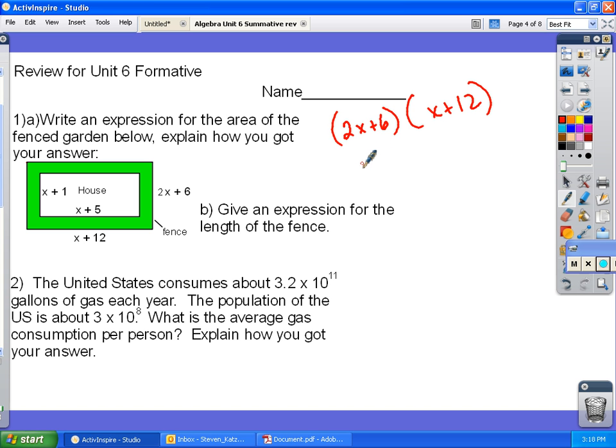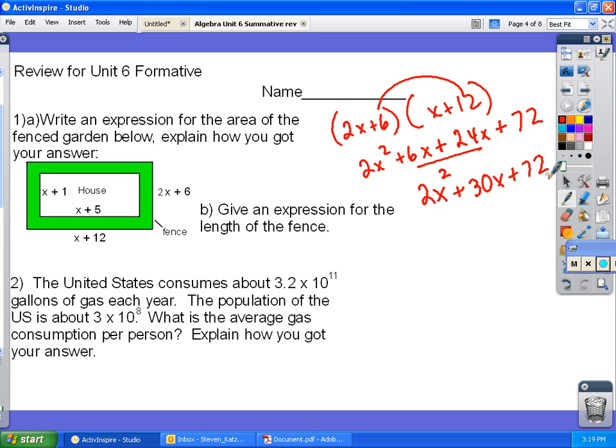And when I do FOIL, I'm going to end up with 2x squared plus 6x plus 24x, that's the outside, plus 72. And when I combine that, I'm going to get a final answer of 2x squared plus 30x plus 72. And that will be the expression to represent the area of the whole garden if the house wasn't there.